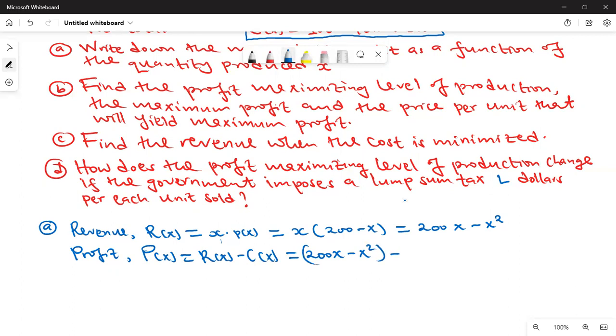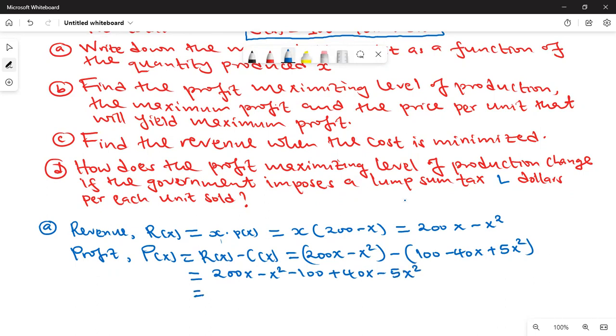Subtract the cost which we are given as 100 minus 40X plus 5X squared. So when you subtract, you're going to get 200X minus X squared minus 100 plus 40X minus 5X squared.